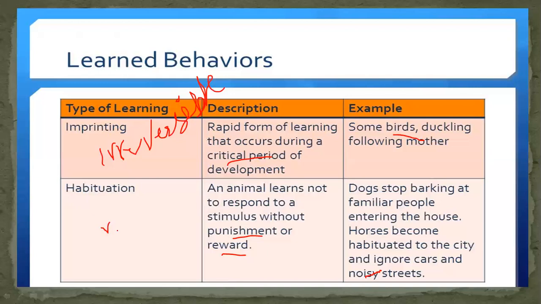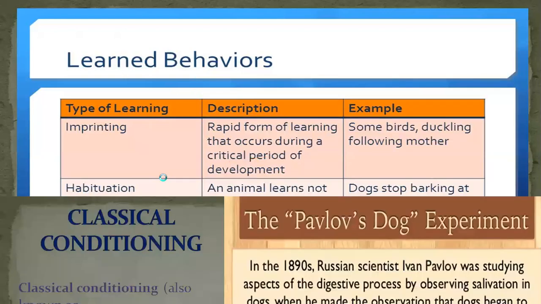Habituation is a reversible behavior. If the situation has gone, it can be reversed. If the same stimulus is given to that animal again, it will respond again, and then it can go through the same process of habituation.